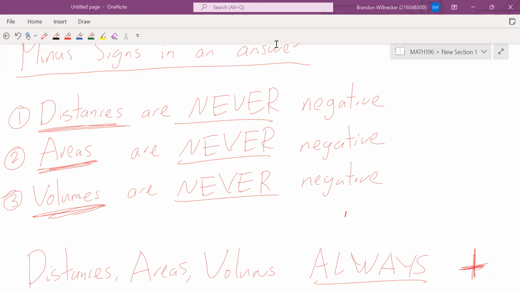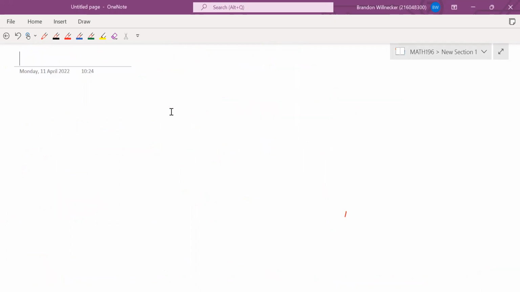Let's have a look at another example. We have the integral from 0 to 1 of 4 plus 3x squared dx, and we want to find this.